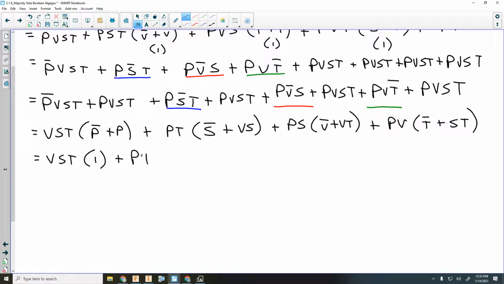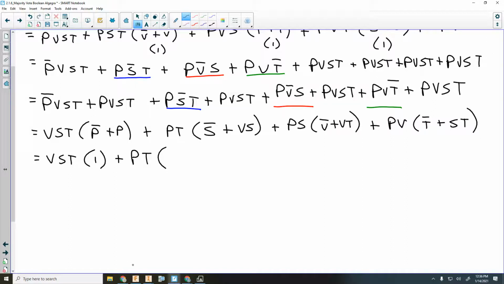And each one of these groups, what rule do we have going on in every one of the rest of those groups? S naught or VS, V naught or VT, T naught or ST. We're trying to get a majority. The vocabulary name of the rule should even help. Consensus. We're trying to get a consensus.